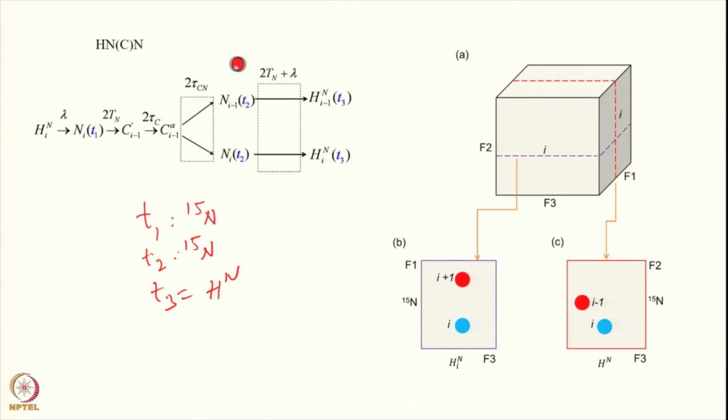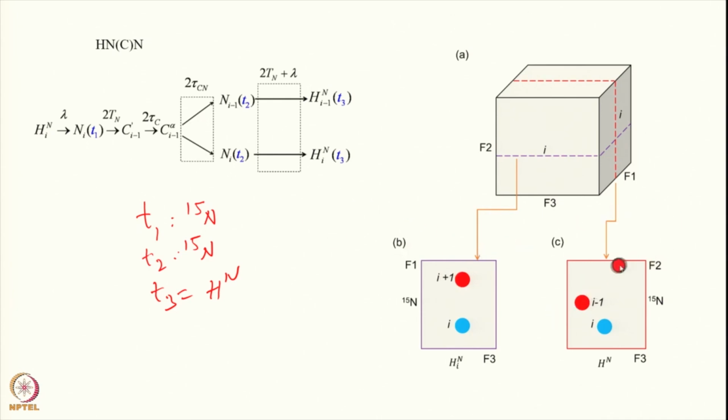because you have to write down similarly for the Hn of I plus 1 also. You have to combine these, you have to write such transfer pathways for Hni, Hni-1 and Hni plus 1. When you do that, you will see that for the particular Hni, you will see 2 peaks, one corresponding to the N15 of I and N15 of I plus 1. You will see 2 peaks in the F1 F3 plane.